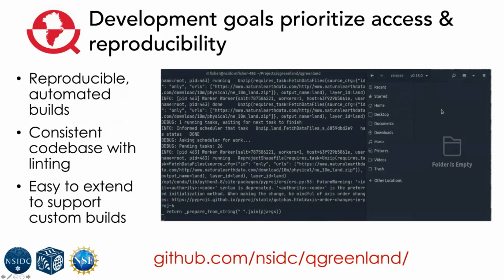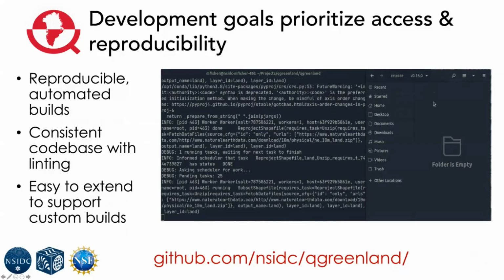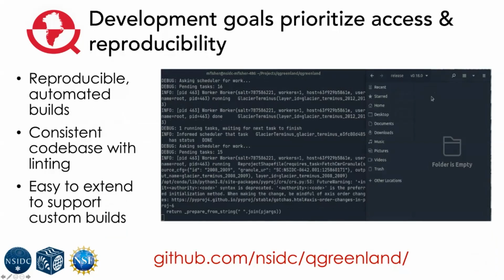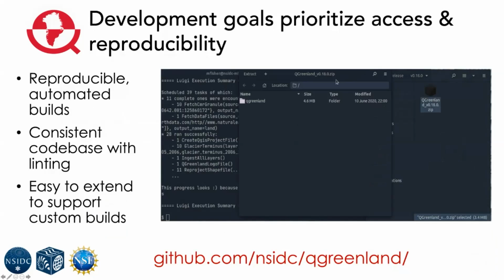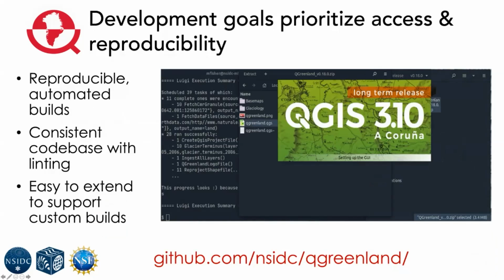We're creating a consistent code base with linting to enforce continued consistency, and all of our software development history and documentation is available on GitHub. In this way, other users could even grab our code and use it to more easily develop a geospatial environment for other regions or focused on other topics. We would love to see our efforts used in this way to lower the bar for other QGIS environments to be built.